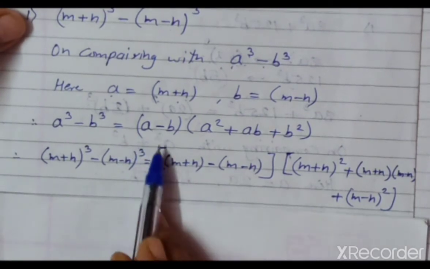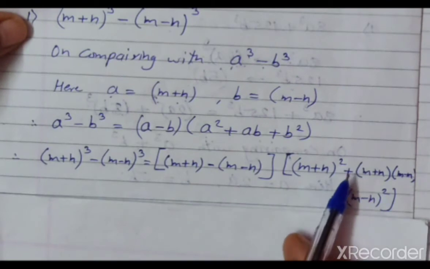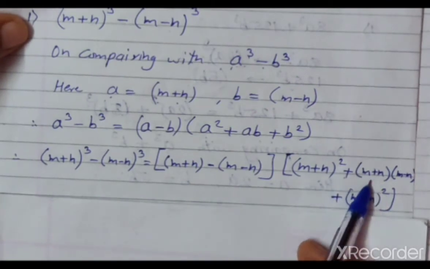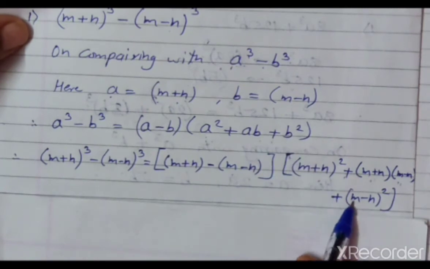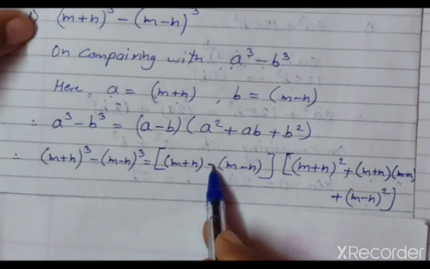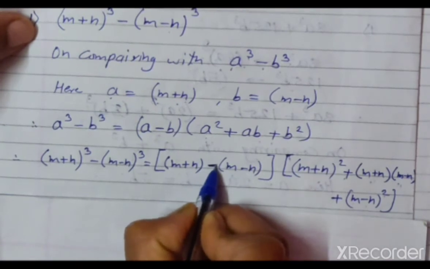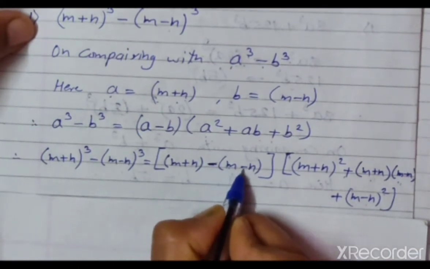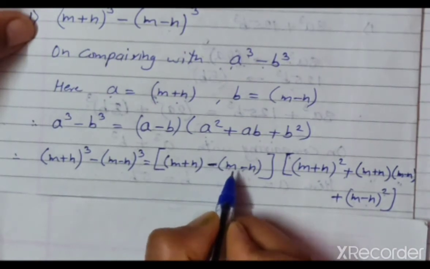This is the value of a, value of b, then again a square plus this is the multiplication of these two brackets, and this is the last step, that is b square. Now let's solve it. Here we can open this bracket, but due to this negative symbol, the symbols inside the bracket will get exchanged.